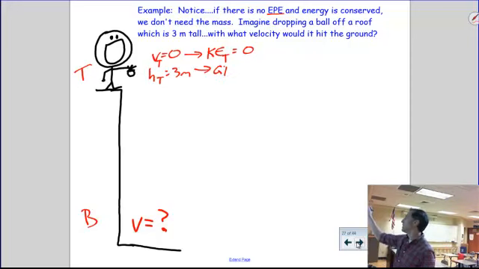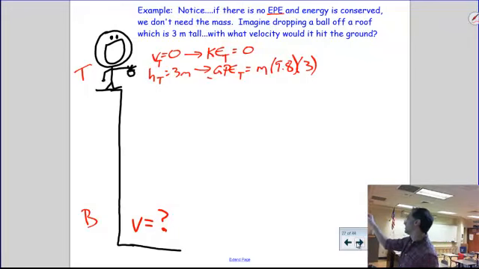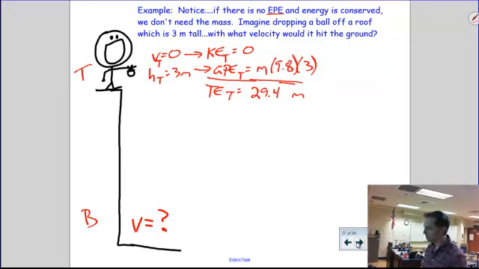So the gravitational potential energy at the top would be mass times 9.8 times 3, and so my total energy at the top is mass times 9.8 times 3, which is just 29.4. So let's just write that out: 29.4 times m. So that's my deal at the top.